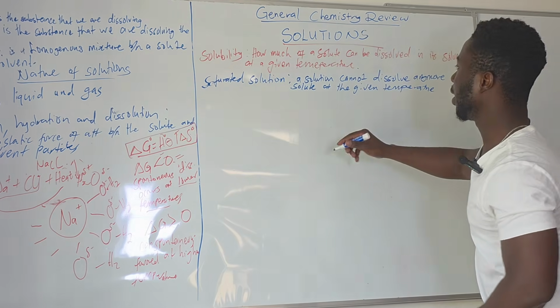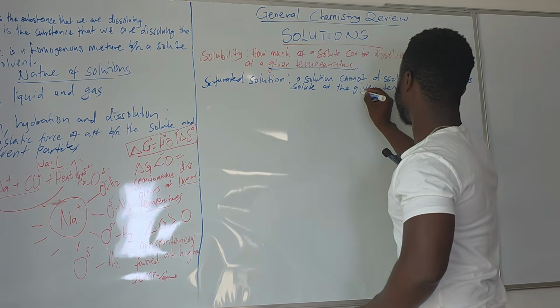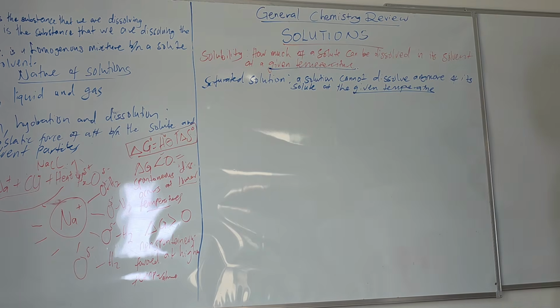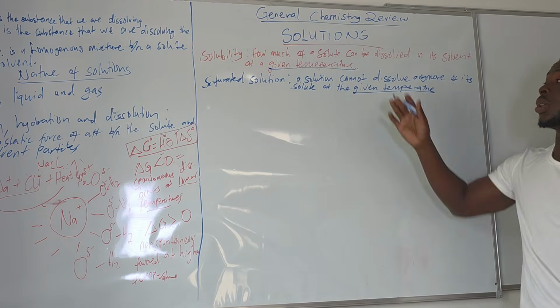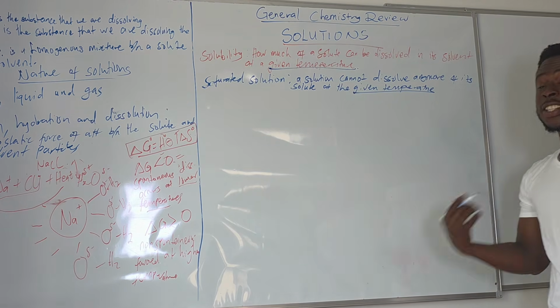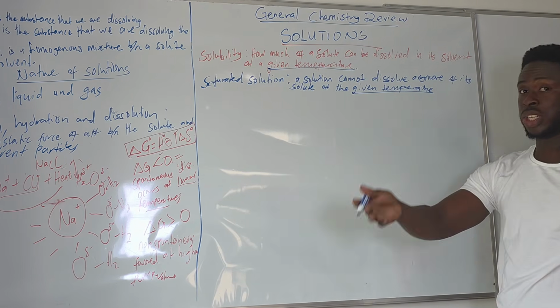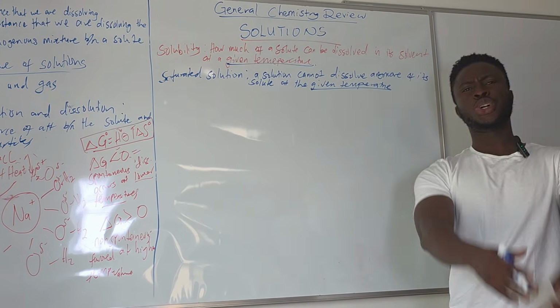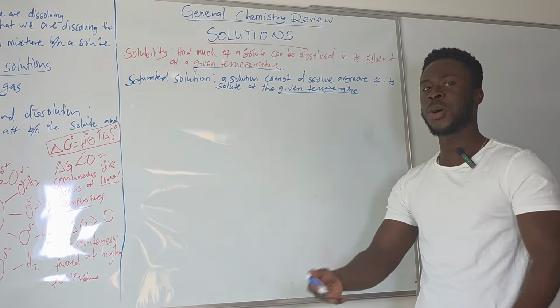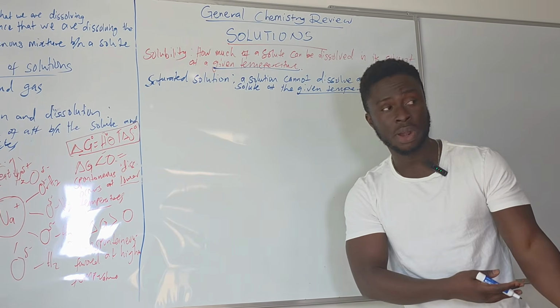Now, as you see, there is always a given temperature over here because solubility depends on temperature. If you increase the temperature of the solution or of the solvent, you're going to dissolve more stuff into it. It happens in our everyday home.